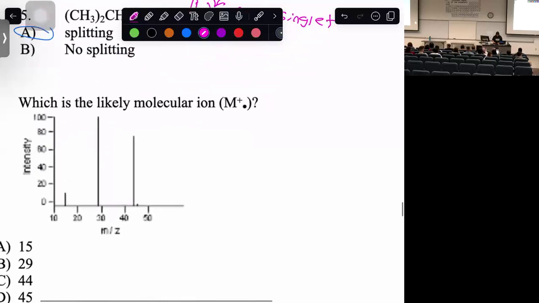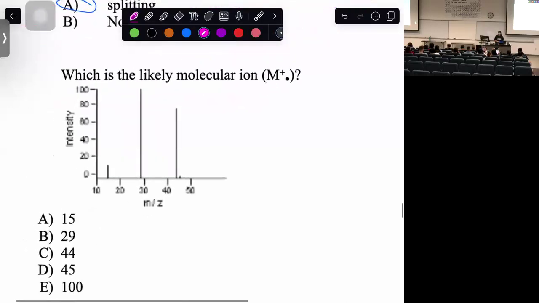This one should be relatively easy. I hope so, at least. I just want the molecular ion peak. It would be 42? 44. You guys are absolutely correct.